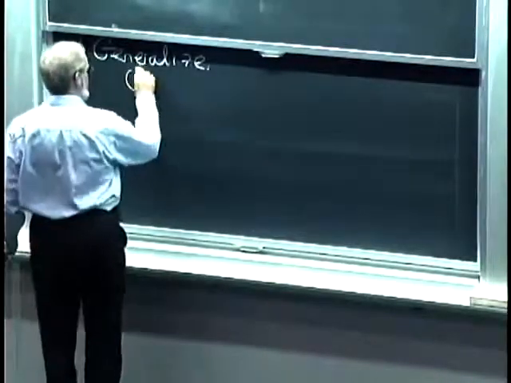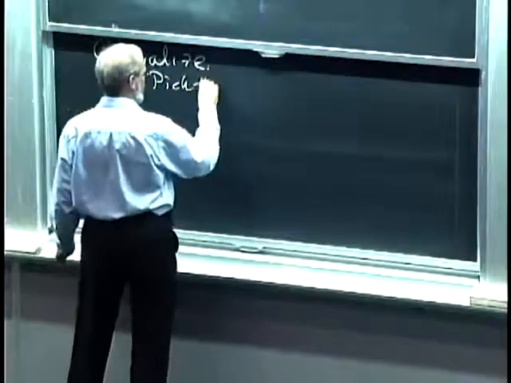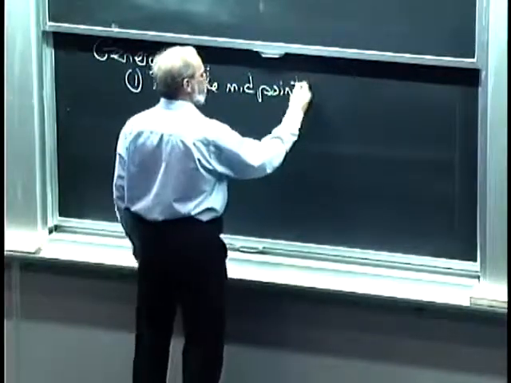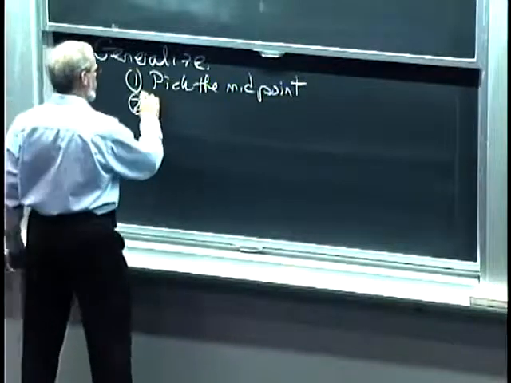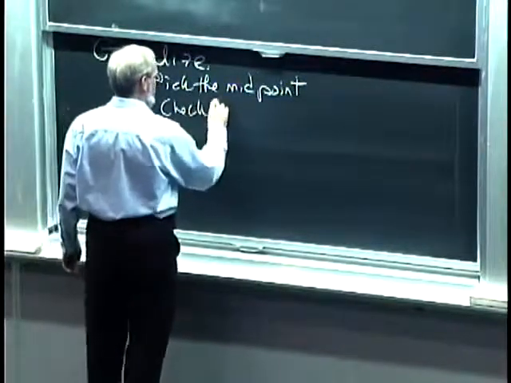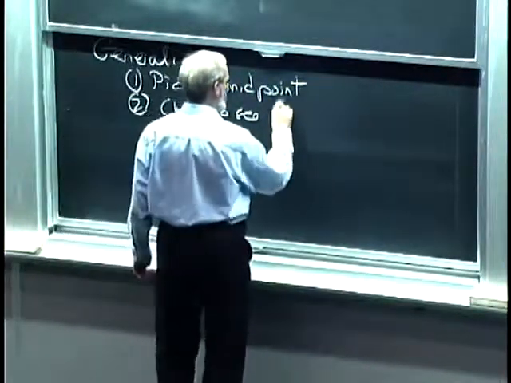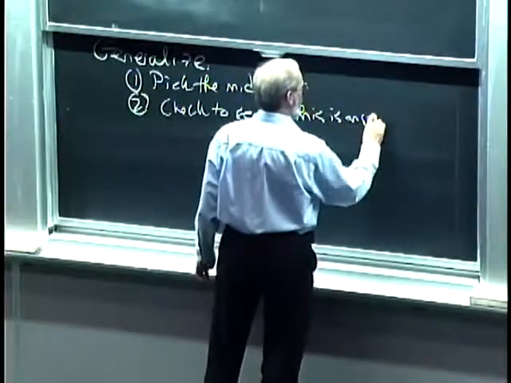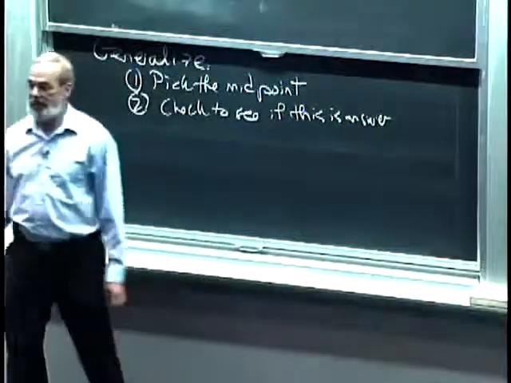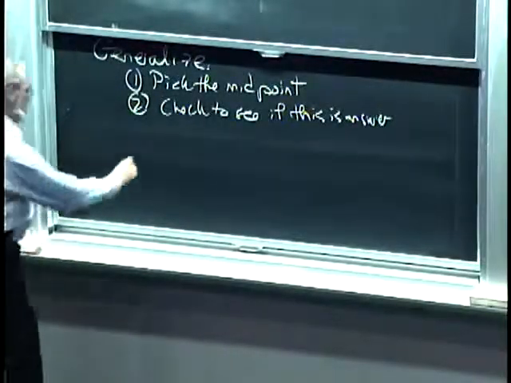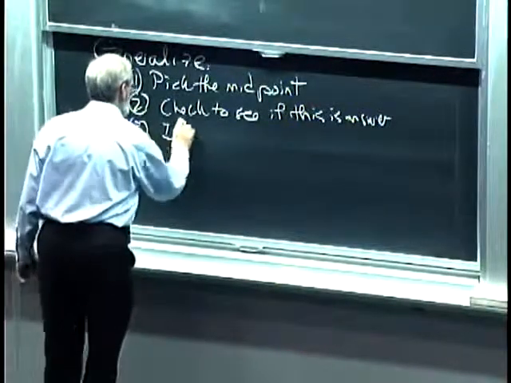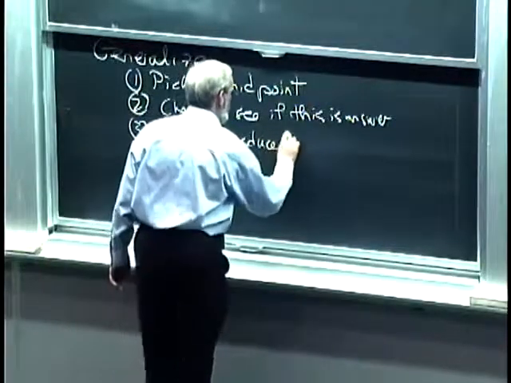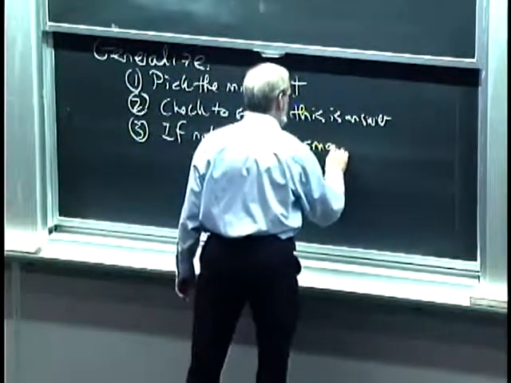It says 1. Pick the midpoint. 2. Check to see if this is the answer. This is the thing I'm looking for. And then 3, if not, reduce to a smaller problem.